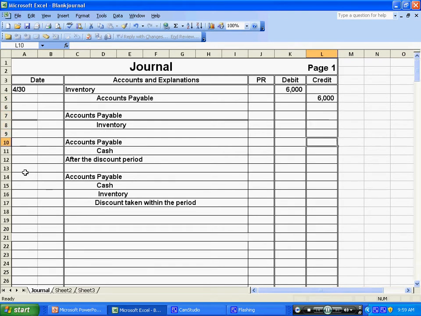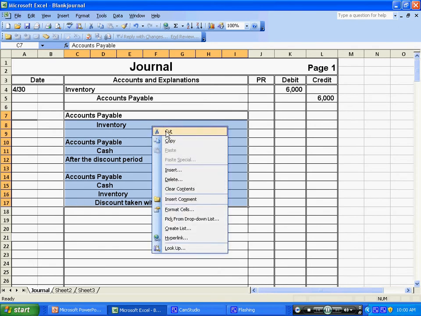The same day, Boozer paid freight charges of $300. On receiving the goods, Boozer checked the order and found $1,000 of unsuitable merchandise. Boozer returned the unsuitable merchandise to Van Dyke on May 4th. Then, on the 14th, Boozer paid Van Dyke.